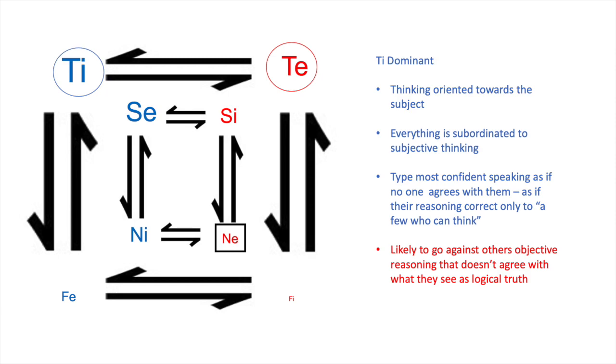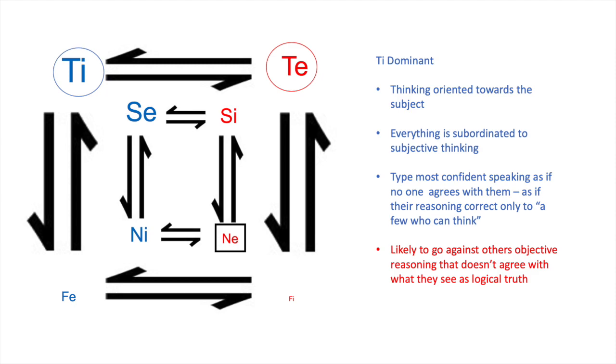Introverted thinking is a bit haughty here because they'll speak as if their reasoning is correct only to a few really smart people, or a few people that can put together their logic. Whereas the TE dominant people are like, yeah, this is an obvious fact, the TI dominant people are like, well, it's not obvious because you're stupid.